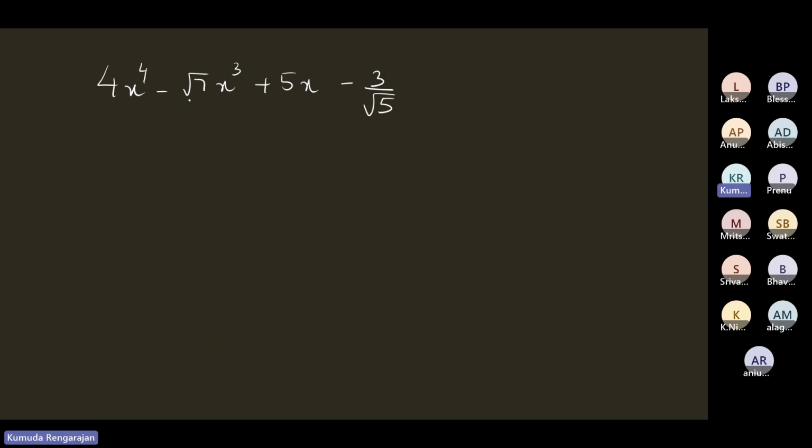Now the question is, is this an algebraic expression? Anything which is made up of constants and variables is an algebraic expression. Now this one is an algebraic expression because we can see the variable x with different powers. There is only one variable x. Constants are those which have fixed values, like 4, root 7, 5, 3 by root 5.